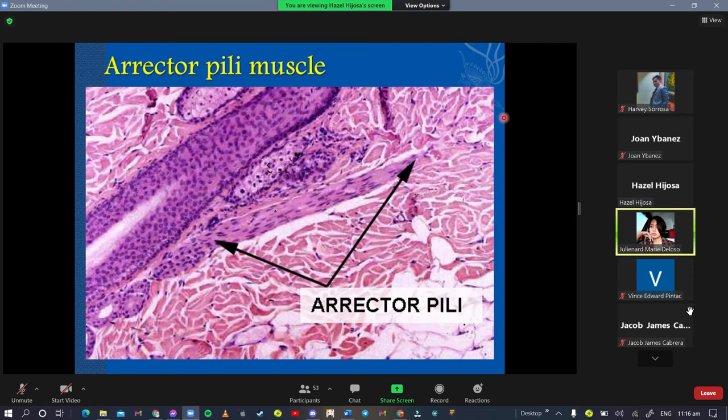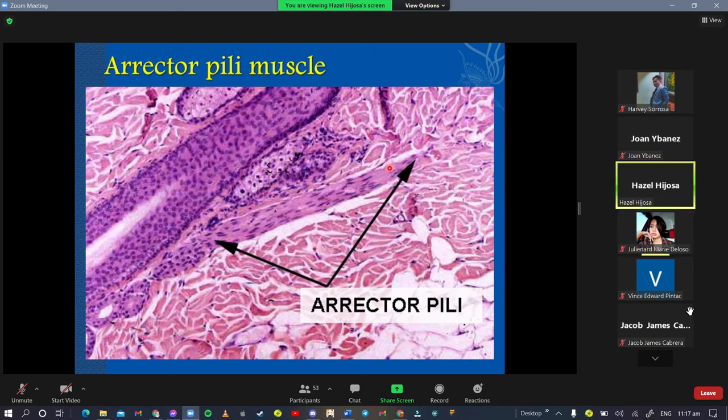And because the hair becomes erect, this is what you call piloerection. In animals, it would help with heat conservation. But in humans, it doesn't really help, but it would just form goosebumps.